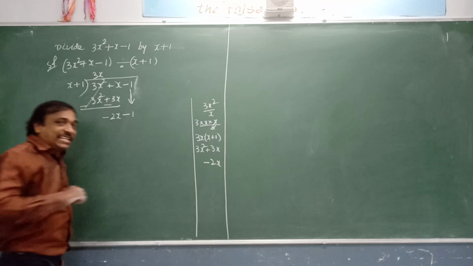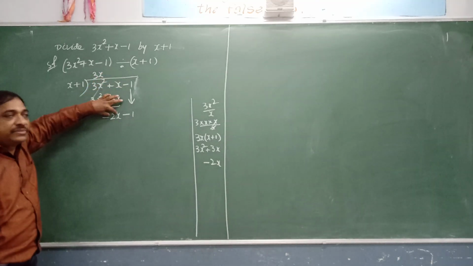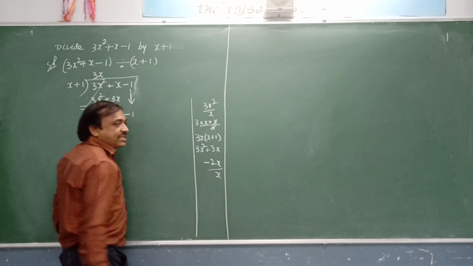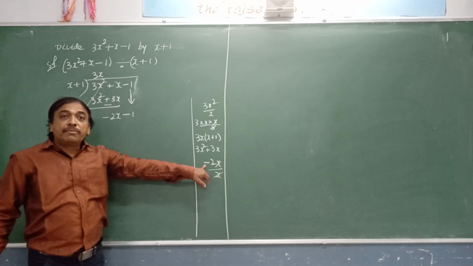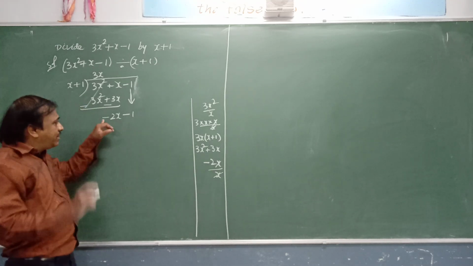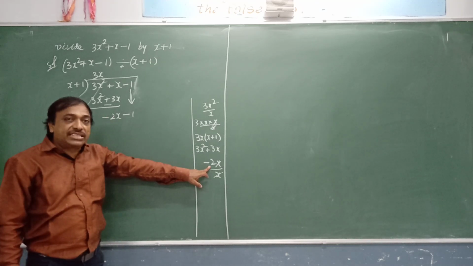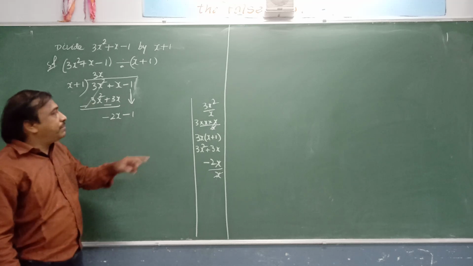To obtain the second quotient term, we take the first term of this, minus 2x, and the first term of the divisor, and divide them by x. x cancels. What is left over is minus 2. Always remember what sign you have; including the sign, you have to write it. Minus 2x by x gets cancelled, then minus 2.